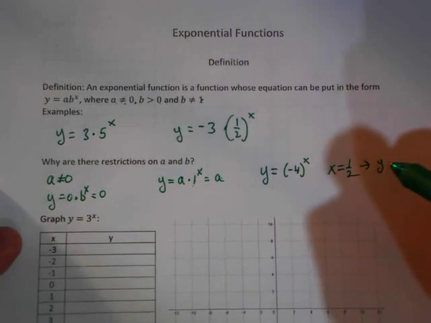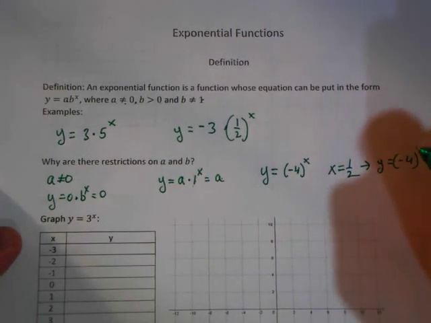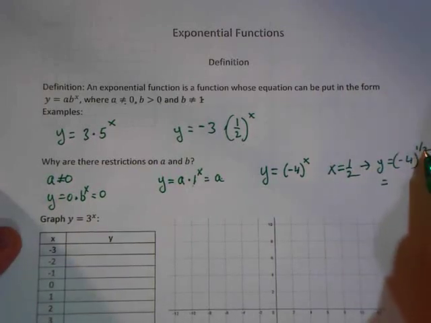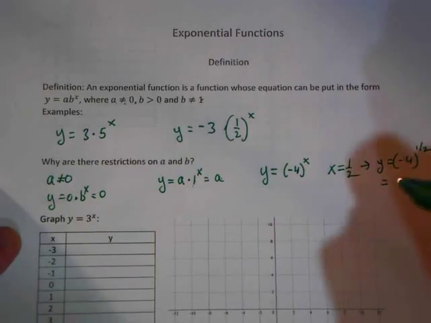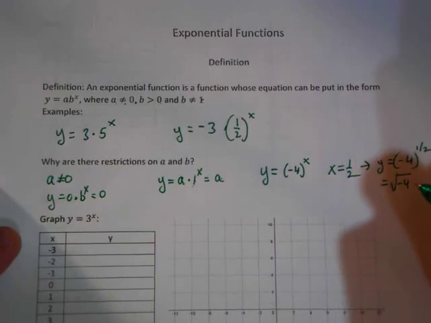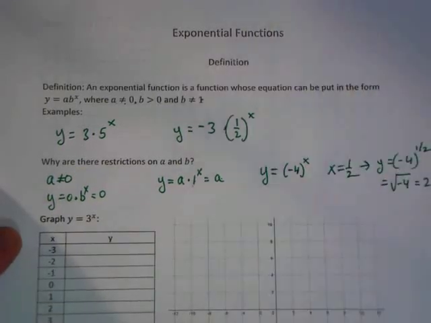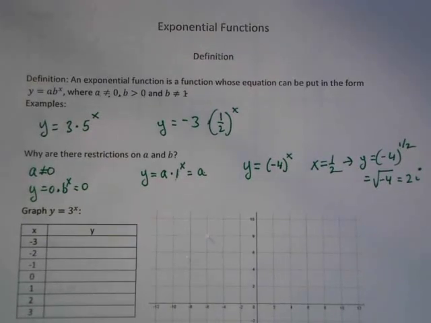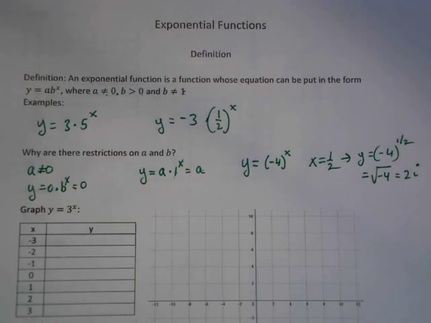We would get y equals negative 4 to the half. And we remember from previous stuff that a power of 1/2 is the same as the square root. And we would end up with imaginary numbers. So that's why b can't be a negative number. If b is a negative number, then you're going to end up with imaginary answers sometimes.